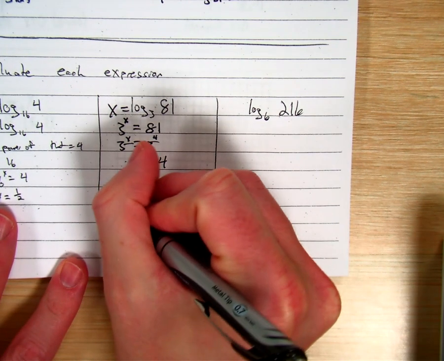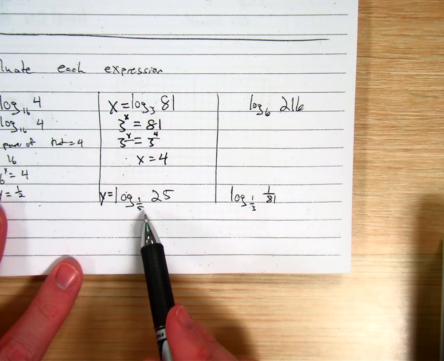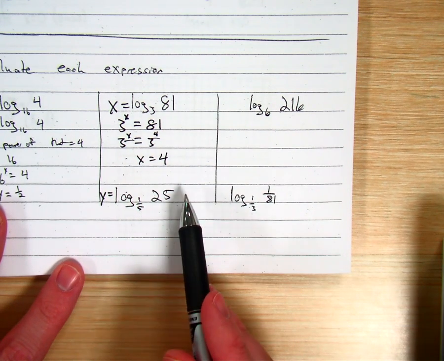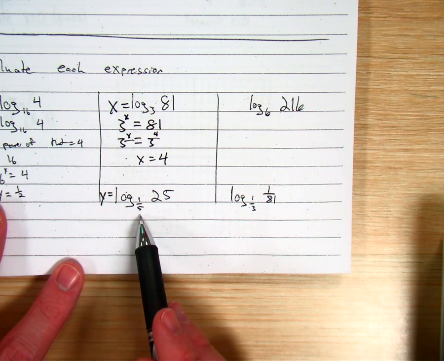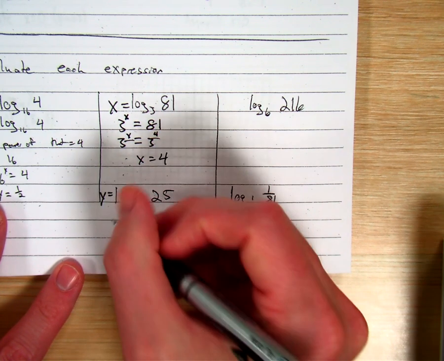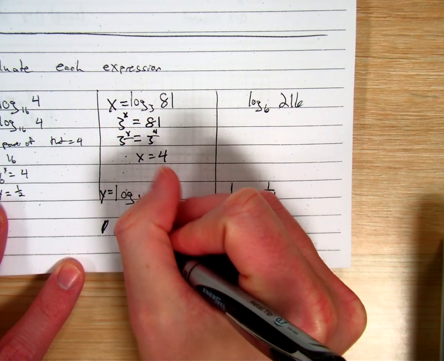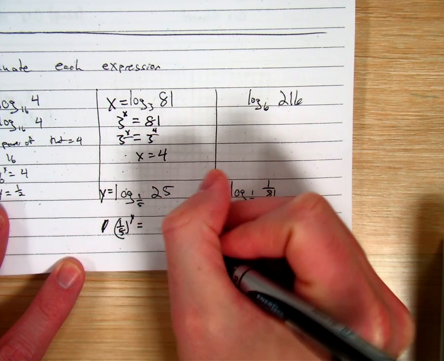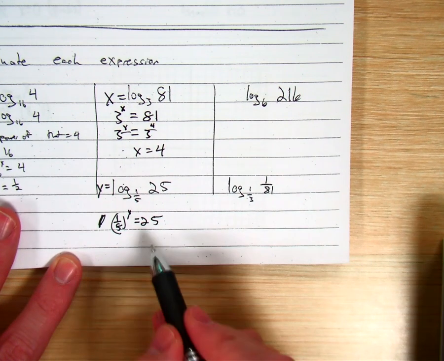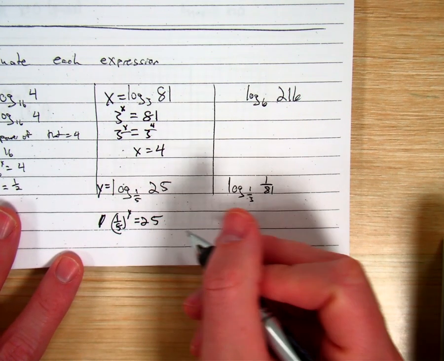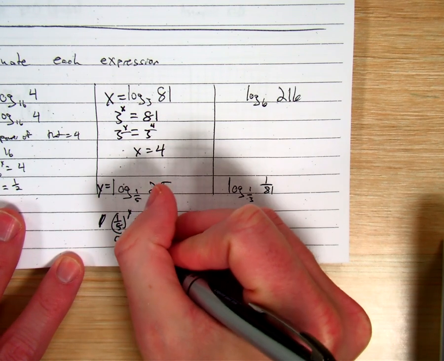Let's try another one. Y equals log base 1/5 of 25. So y is the exponent of 1/5 that gives me 25. So we got 1/5 to the y power equals 25. Maybe we want to rewrite these both as 5s.